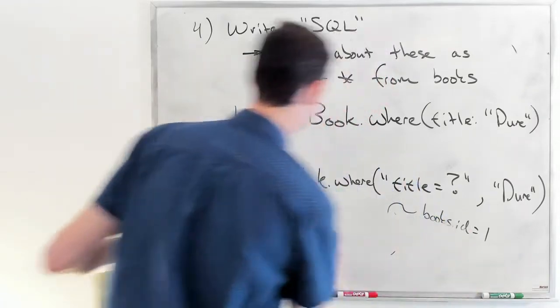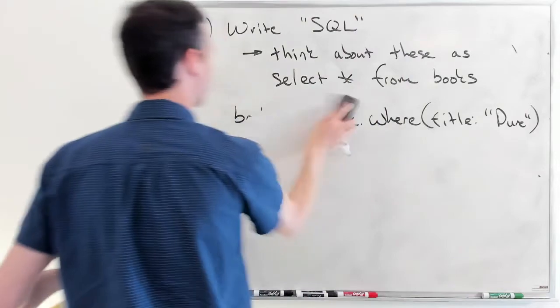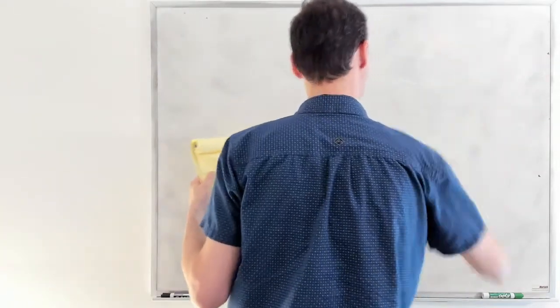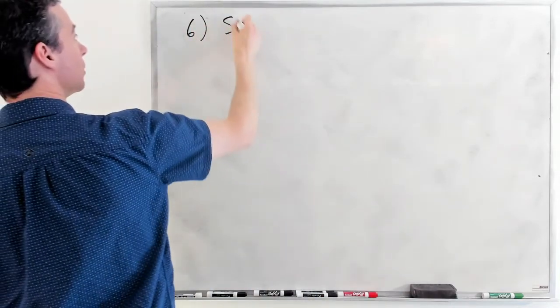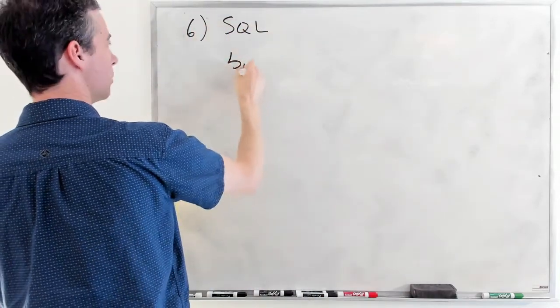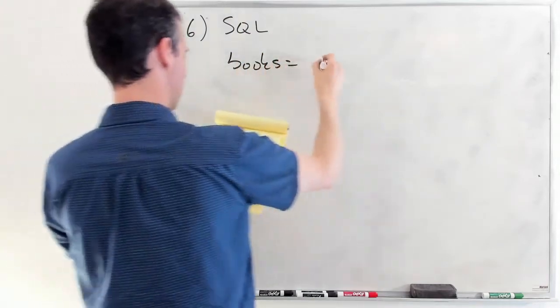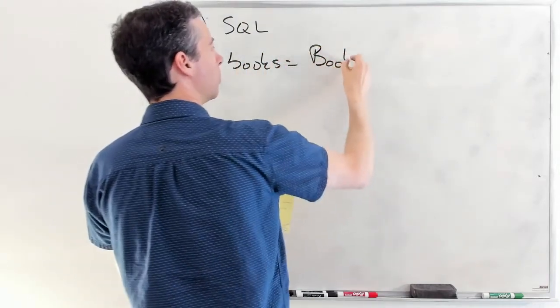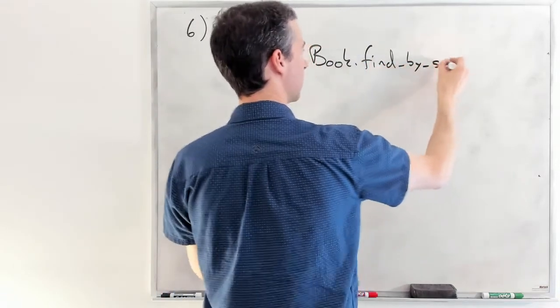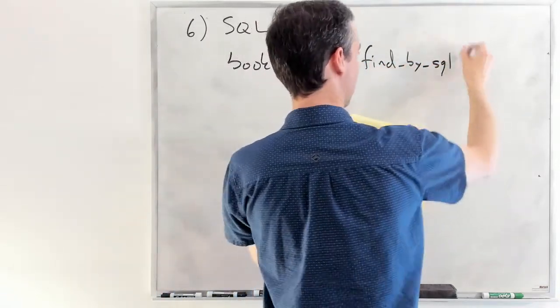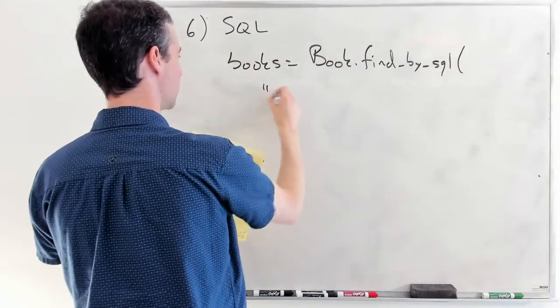You can also run direct SQL code. And again, the idea would be always you're doing some sort of select star, because you want books out. So you can run SQL directly. And so you can do books is equal to book.find_by_sql. And then you can go ahead and write whatever your SQL code is.